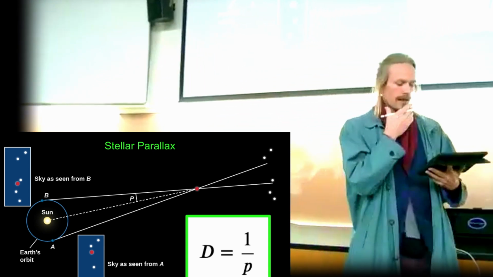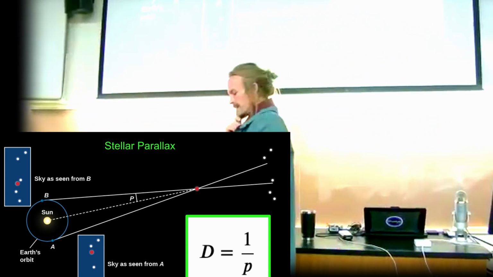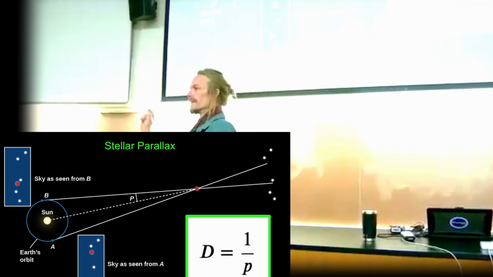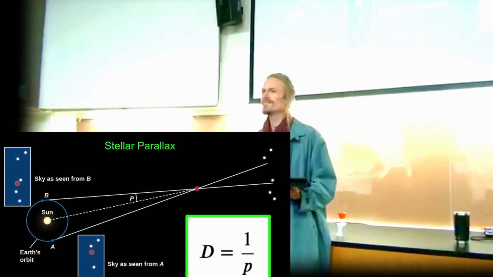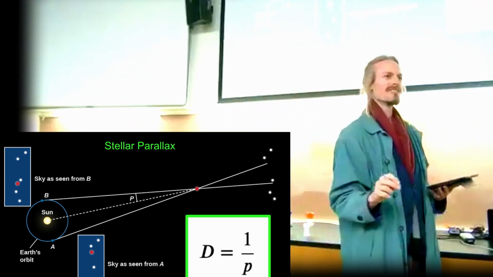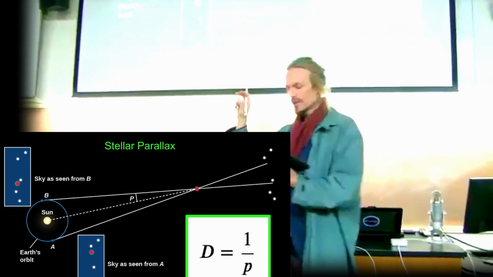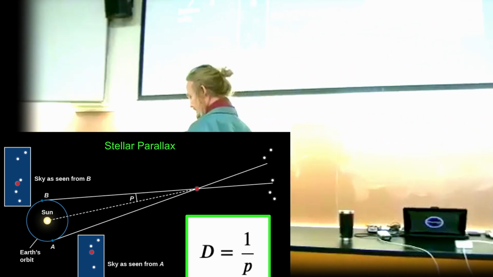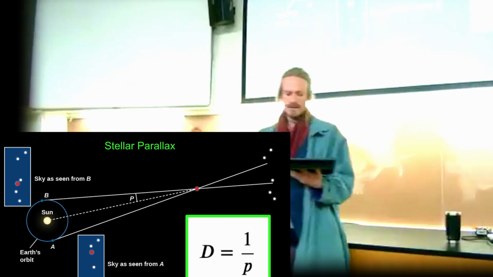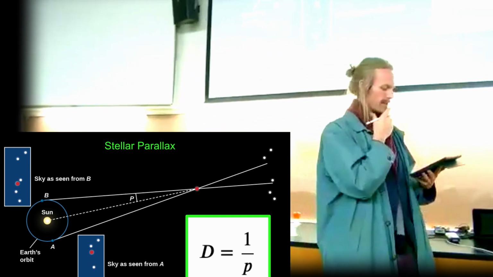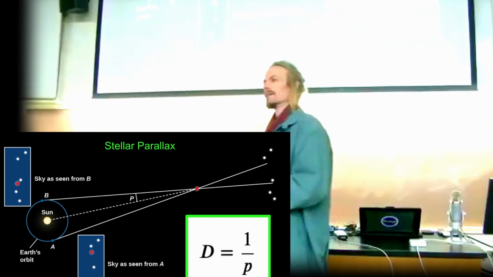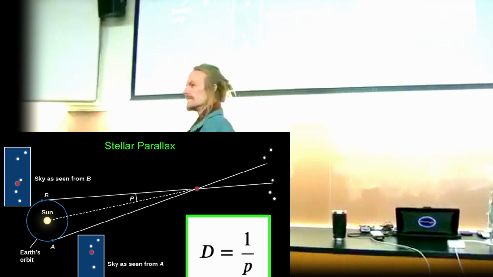I think your textbook gives the example that if you took a quarter, do people even use quarters anymore? Maybe for washing machines. So if you took a quarter and you put it 3 miles away, you would be viewing it to have a diameter of 1 arc second if you used this measurement system.